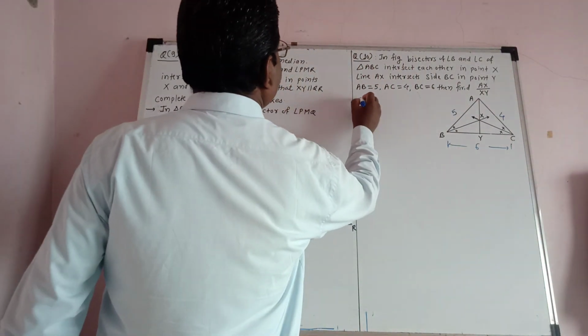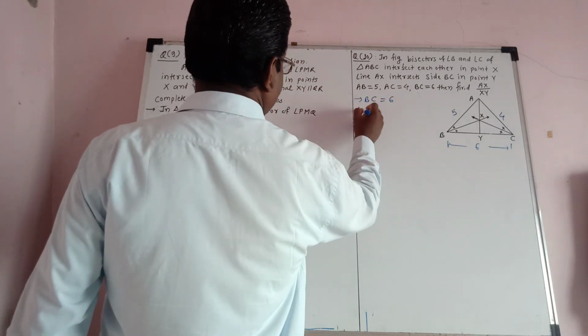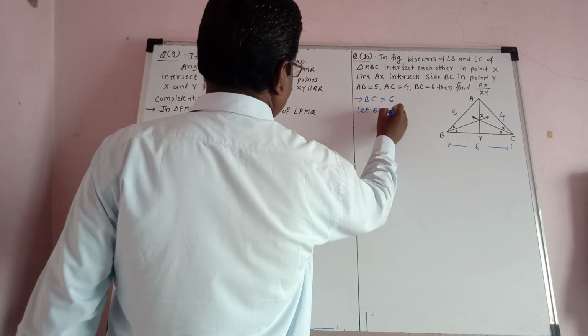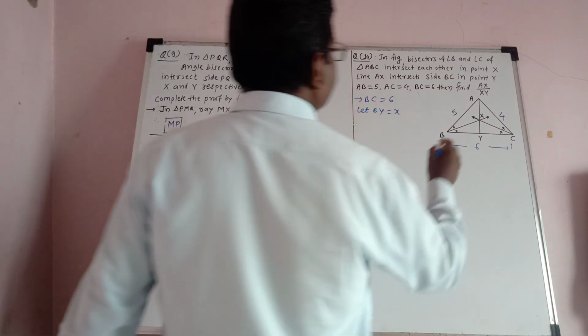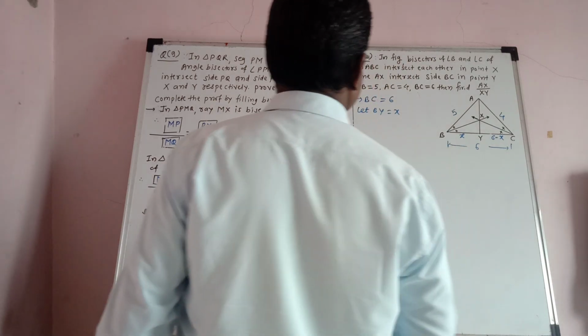Here BC is given as 6. Let BY be equal to x. Therefore YC will be 6 minus x.